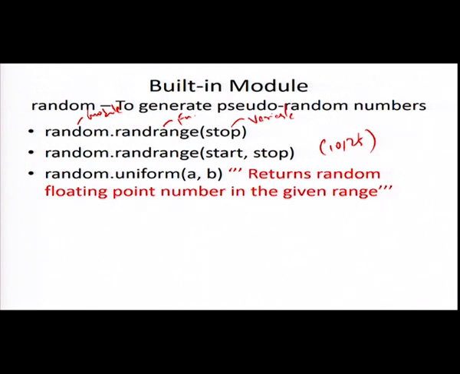Then random dot uniform of a comma b, what does it denote? It will return a random floating point number within a given range. If you give 10 comma 25, within 10 and 25 it will return a floating point number. That is how we write random dot uniform of a comma b.